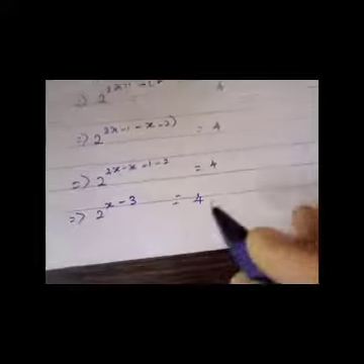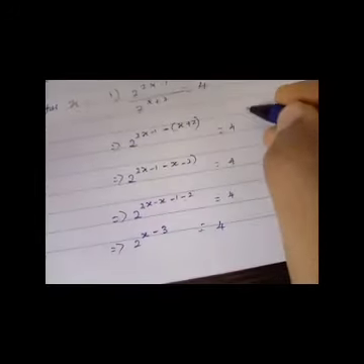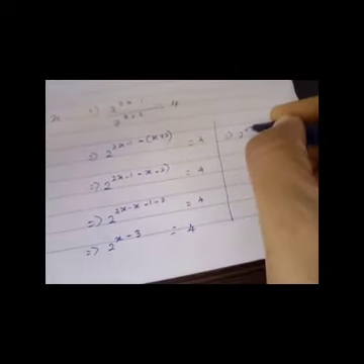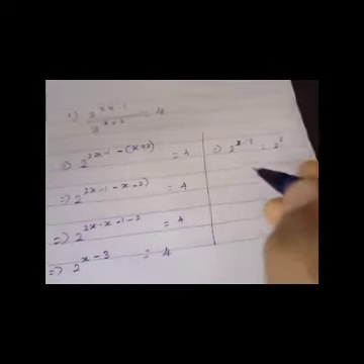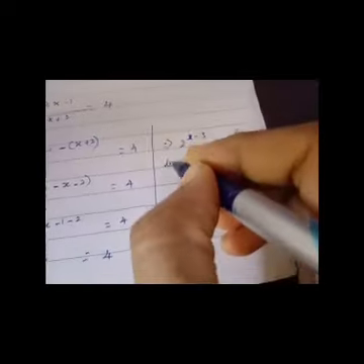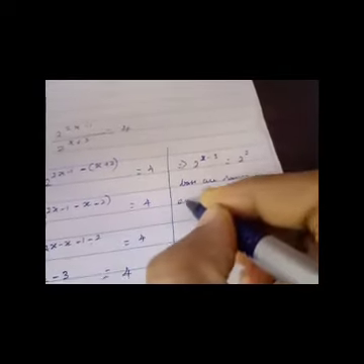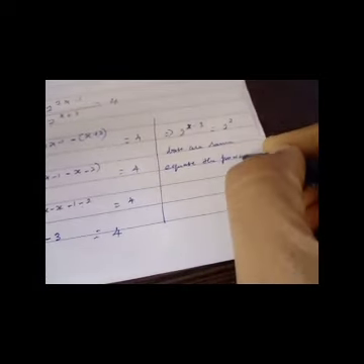Now take the factors of 4. The factor of 4 is 2 power 2. So 2 power x minus 3 is equal to 2 power 2. Now as the bases are same, equate the powers.